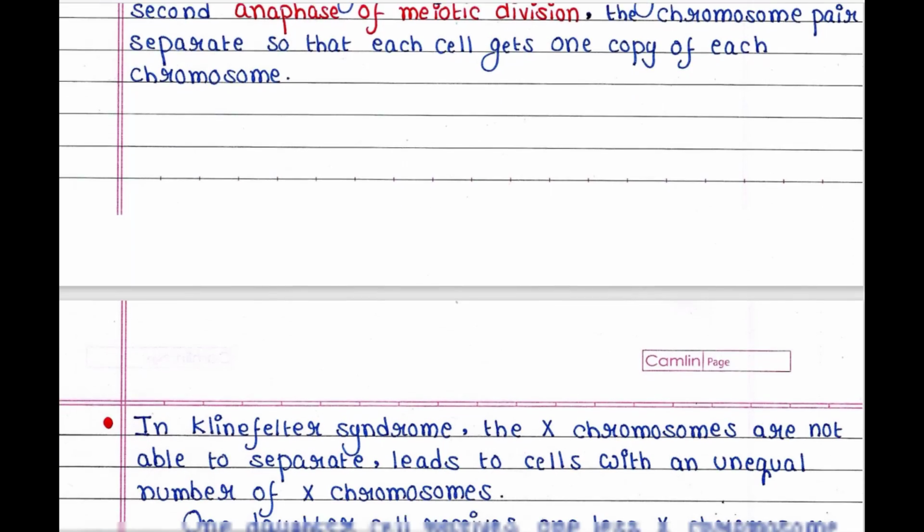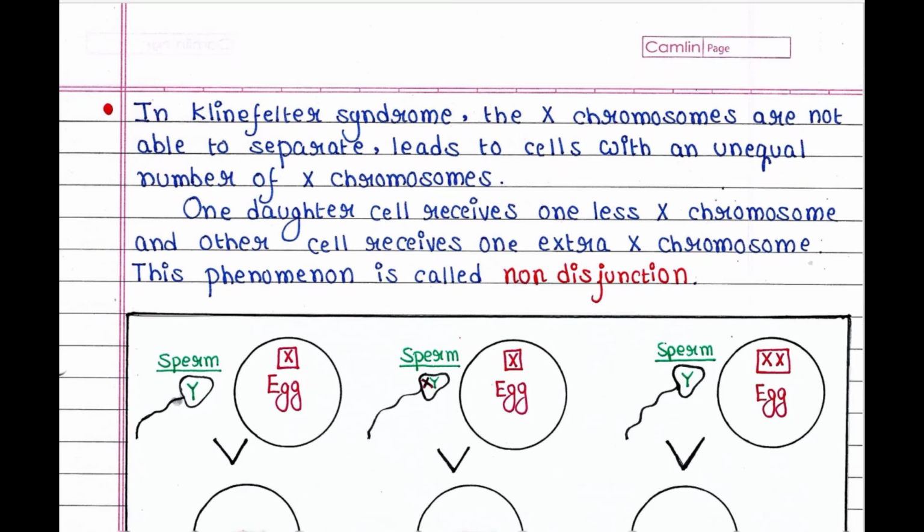In Klinefelter syndrome, the X chromosomes are not able to separate. And that leads to cells with an unequal number of X chromosomes. In that case, one daughter cell receives 1 less X chromosome and the other cell receives 1 extra X chromosome. And this phenomenon is called non-disjunction.